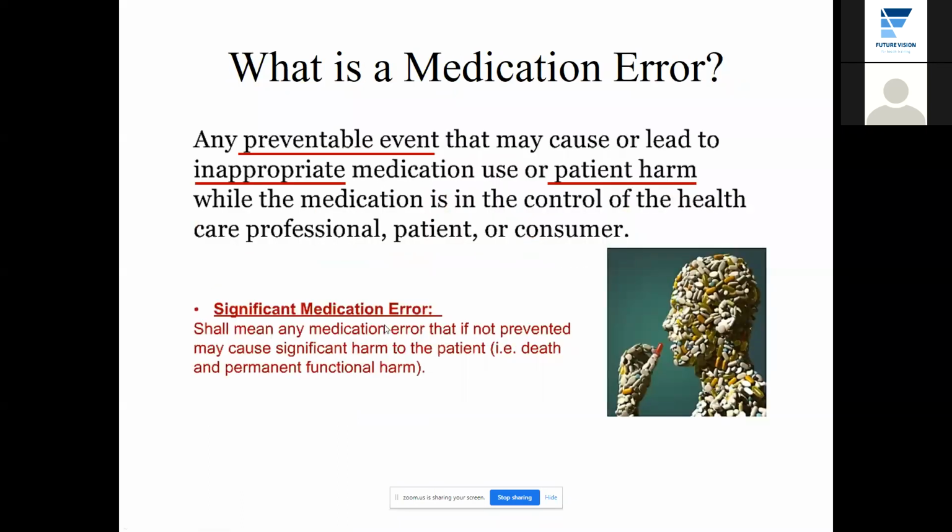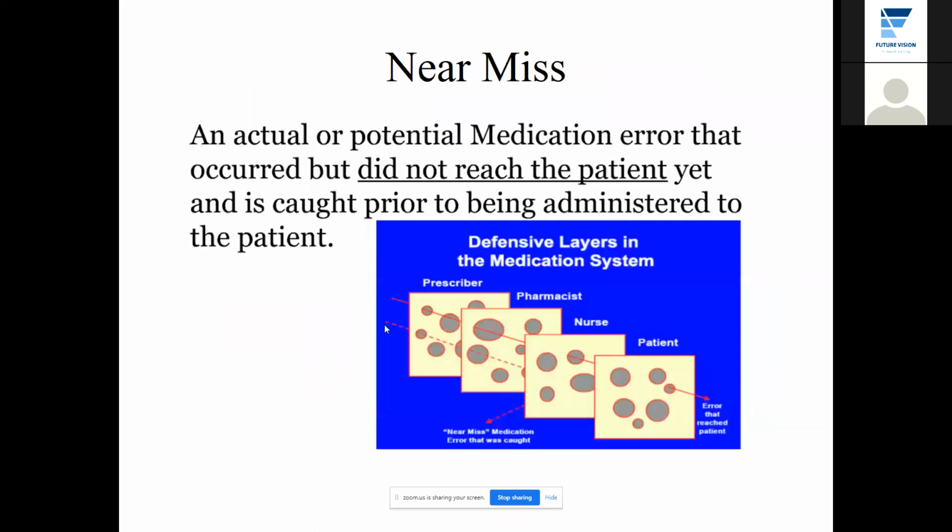وقت عم نحكي عن الميديكيشن ايرور، what is medication error? This is any preventable event that may cause or lead to inappropriate medication use on patient harm. أي شيء event بنعمله ممكن يسبب harm أو ضرر على المريض. شو بنعني بالنير مس؟ What do you mean by near miss?